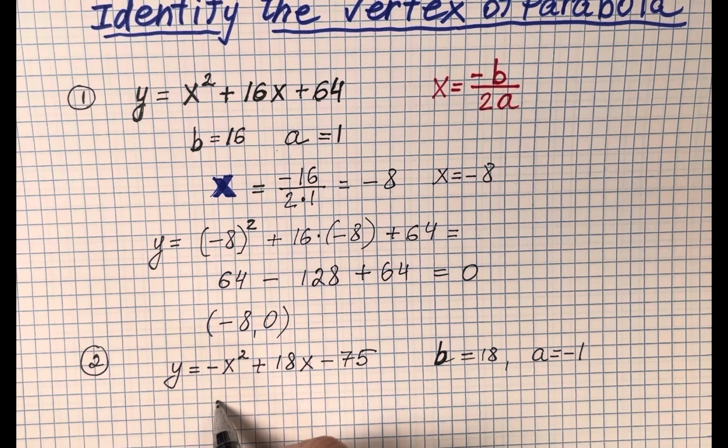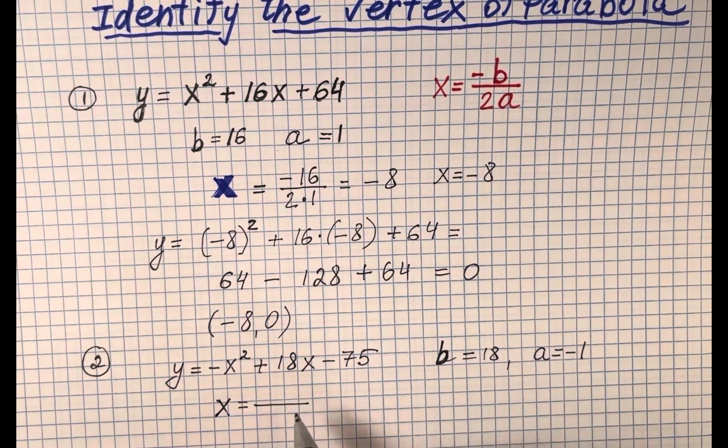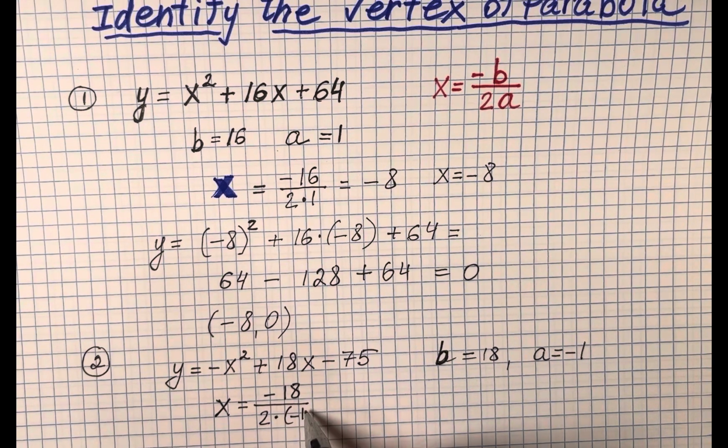So the x coordinate: negative b would be negative 18, divided by 2 times a, times negative 1. Negative over negative is positive, and we have x equals 9.